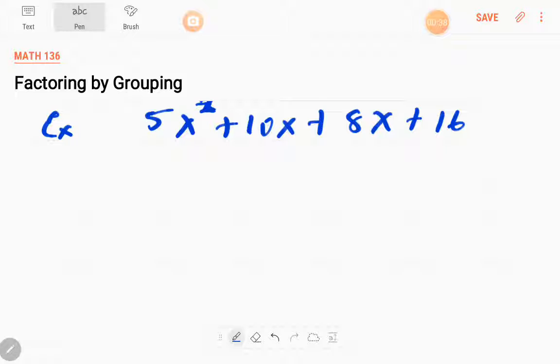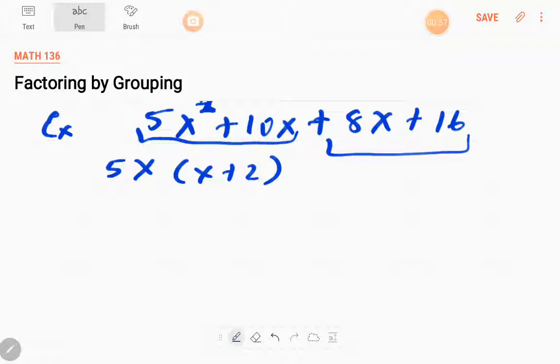But in factoring by grouping, we're going to look at the first 2 terms and perform greatest common factoring. So if we look at just the first 2 terms, we could factor out 5x, and that leaves x plus 2. And then look at the last 2 terms.